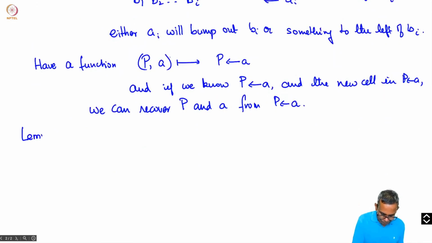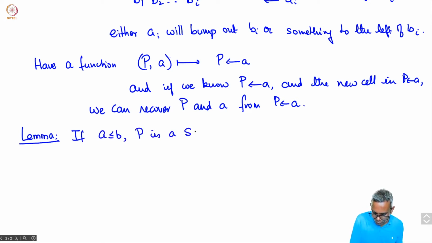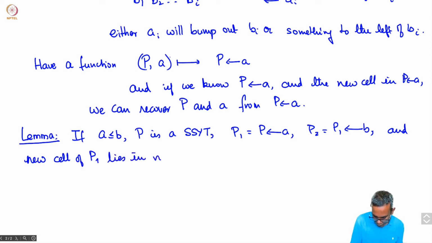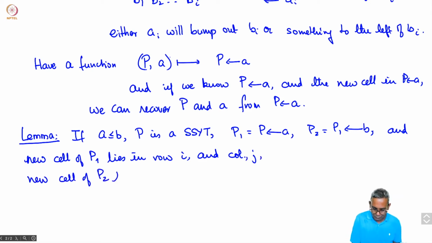One small lemma which will be important later on is that if A is less than or equal to B, P is a semi-standard Young tableau, P1 is P insert A, P2 is P1 insert B, and the new cell of P1 lies in row I and column J, and the new cell of P2, the cell which was not in P1, lies in row I prime and column J prime.